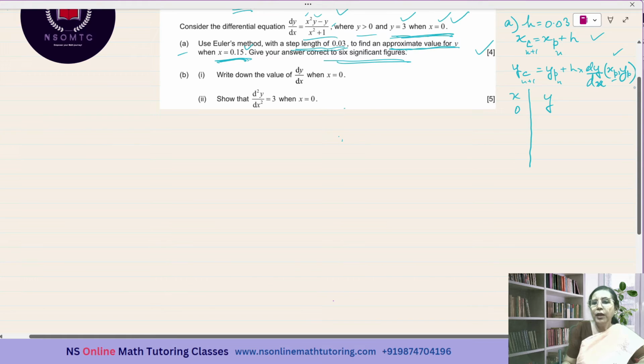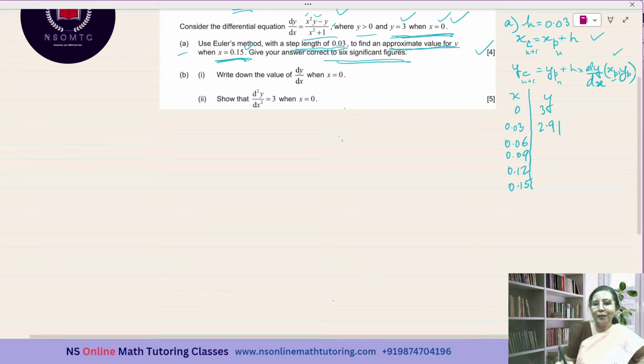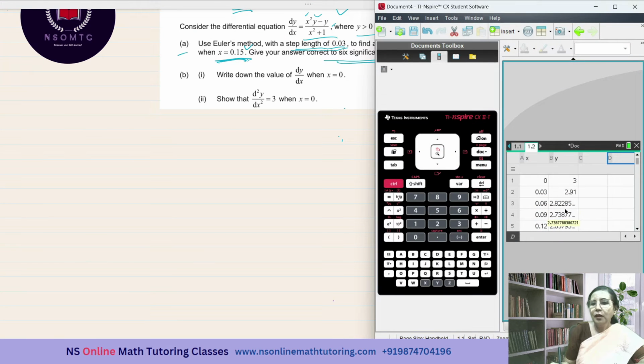This is 0, 3, the initial values, and then 0.03, 0.06, 0.09, 0.12, and 0.15. Okay. For this, I remember this one, 2.91. Then I have to check, 2.8228. I'm giving the intermediate answers up to 3 significant figures.